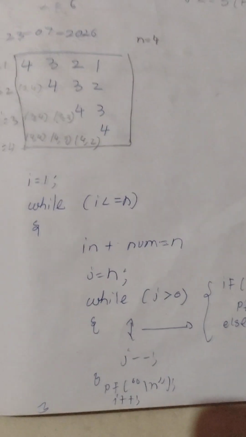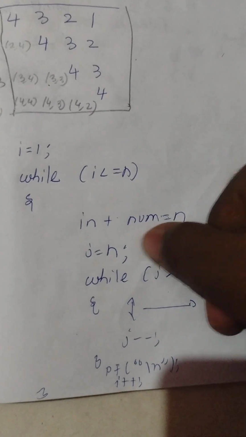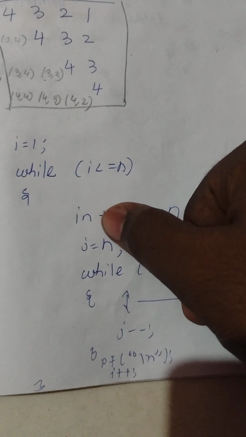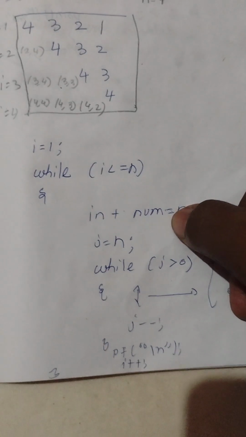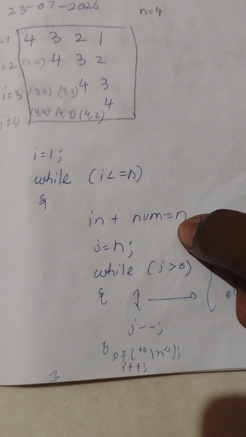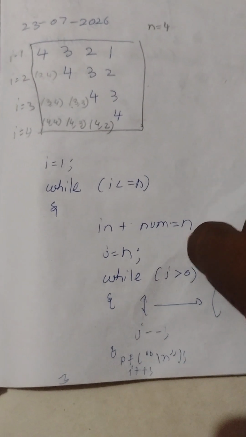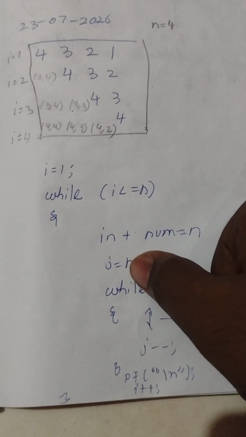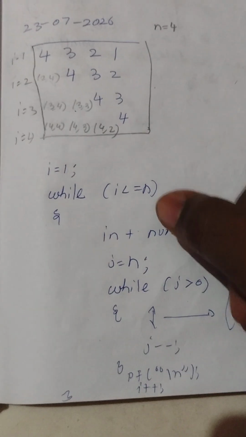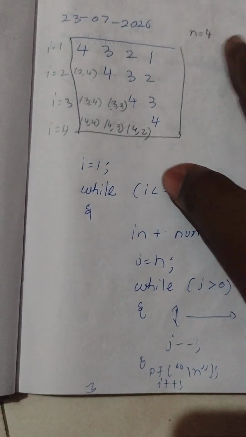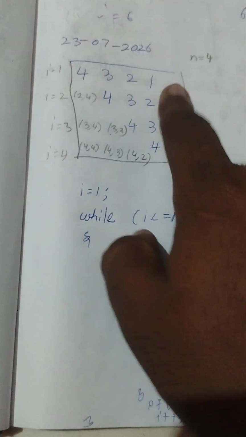Next, I am going to declare another variable called num and initialize it with the value of the user entered input n, and then I am also initializing the j value as n, because it starts from 4. If the user entered 4, it means 4 3 2 1.